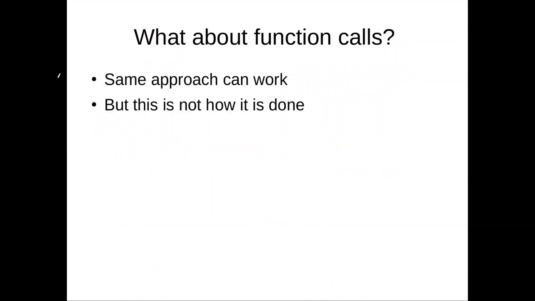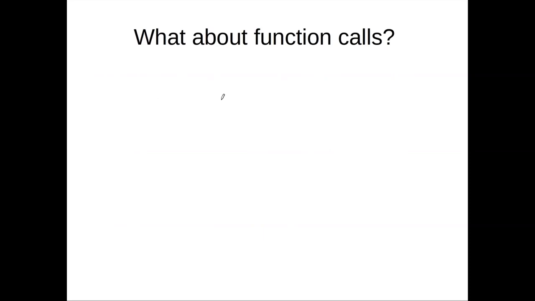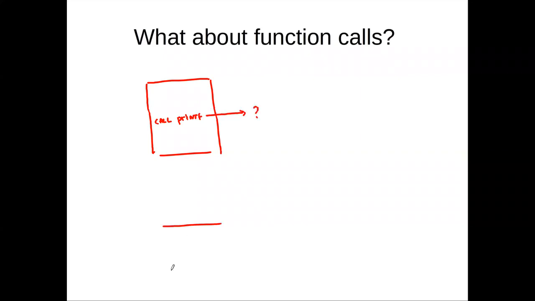Imagine again, this is your main function, and the user calls printf. You say, wow, but I don't know where this printf will be because my libc library can be anywhere. It can be loaded at address 1055, or it can be loaded at a completely different address, something like x16055, and you don't really know.